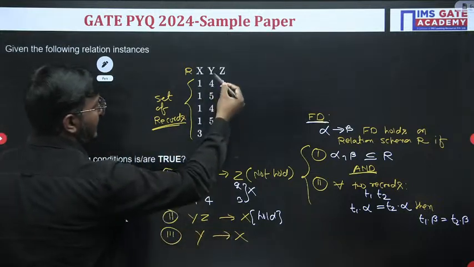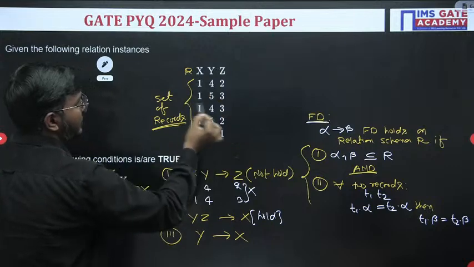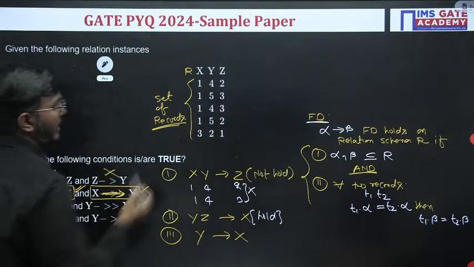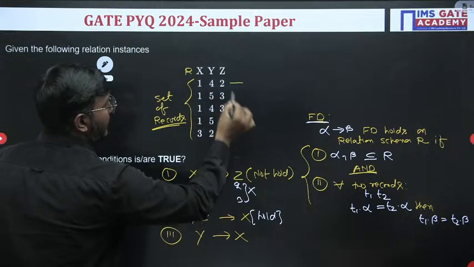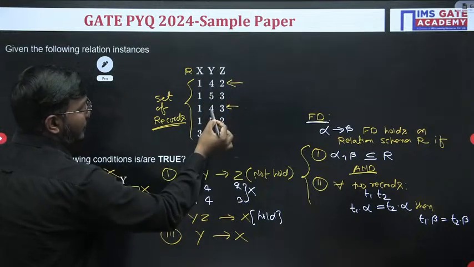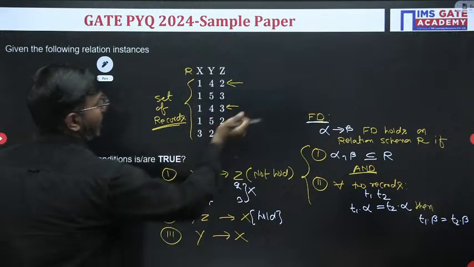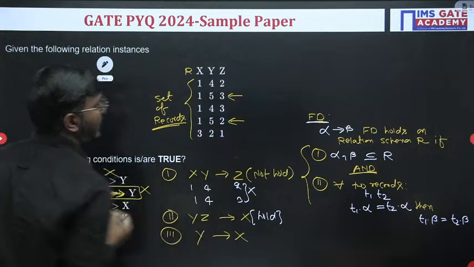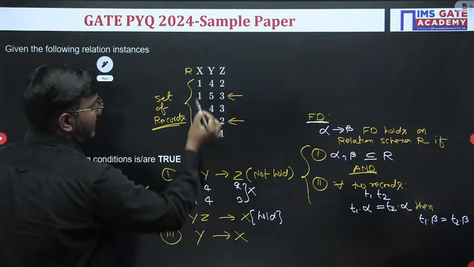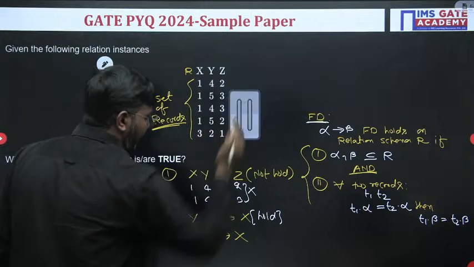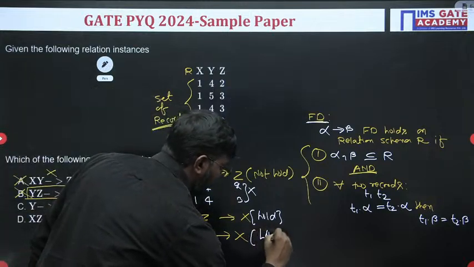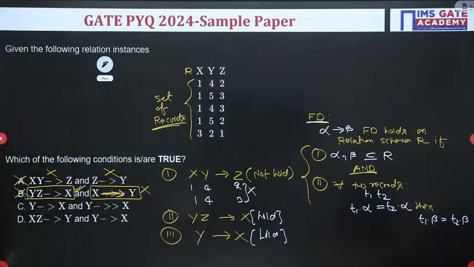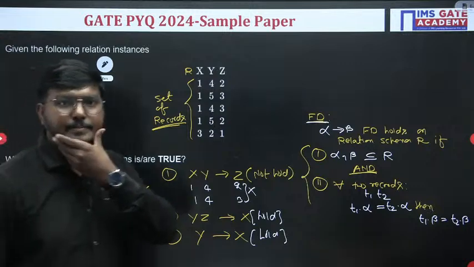I can see the y value 4 is the same for these two records, and the x value is also the same, no problem. Again, for these two records the y value 5 is the same, and the x value is also the same, no problem. It means this also holds. Getting my point? So option C is the right answer. Option D is also incorrect. Understood? It's simple. Very good.